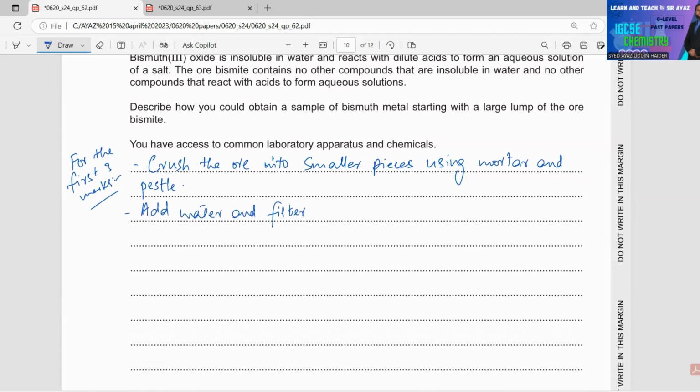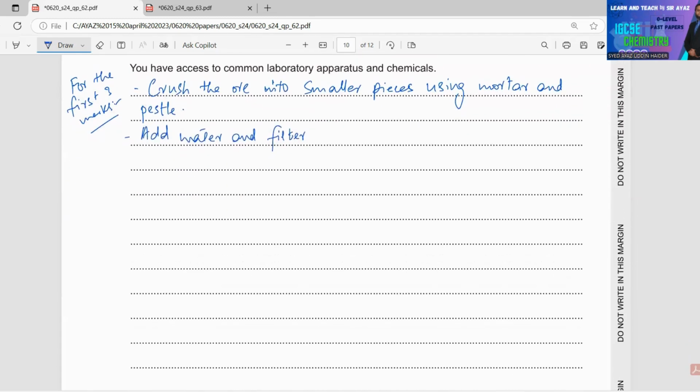What about the other 3 marks? For the other 3 marks, you have 3 methods, and any one method will do. You can either go for the displacement method, or electrolysis.